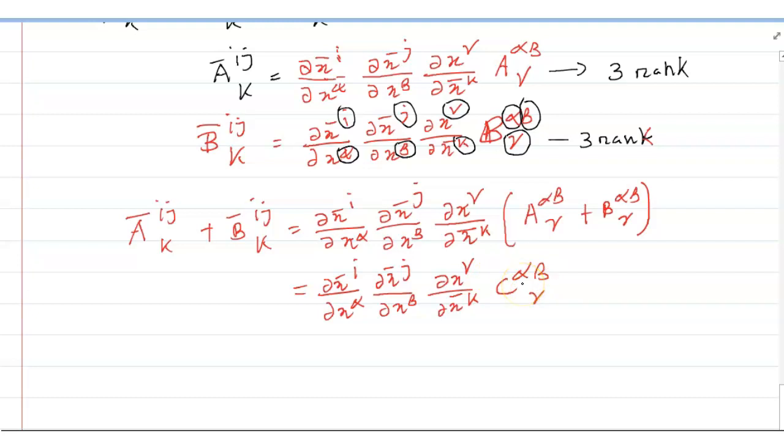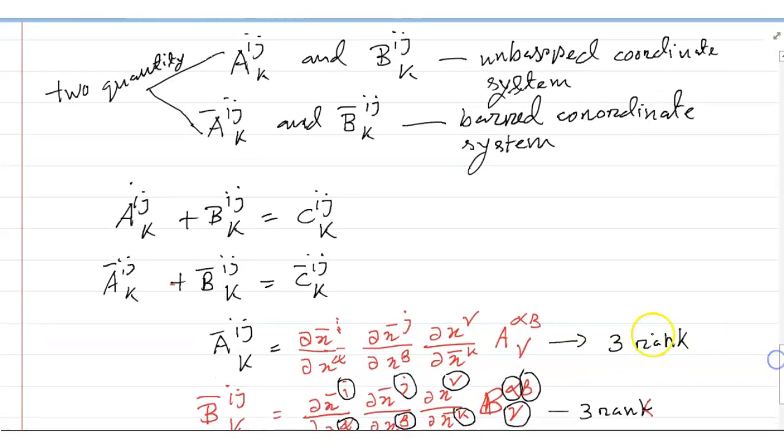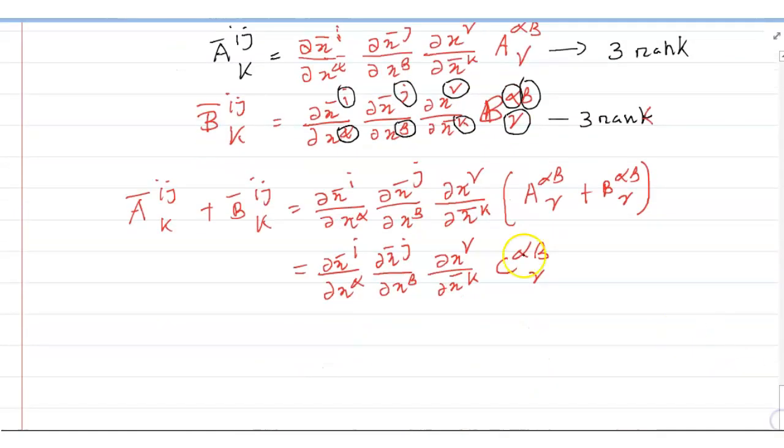So friends, we get the addition of the two tensors. You see that A, B, and C, so it can be written in this way: C bar ijk.